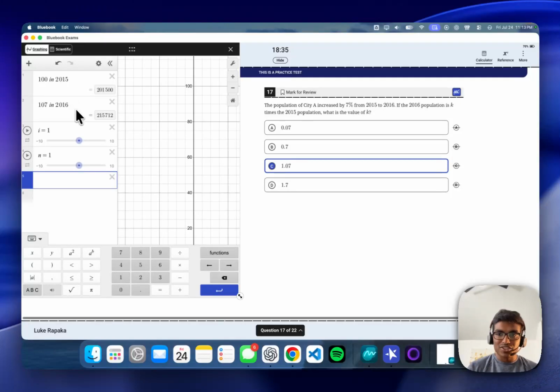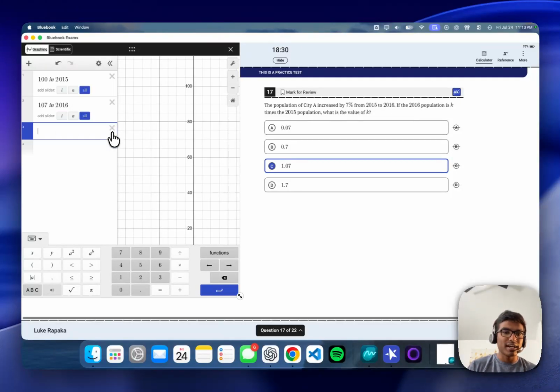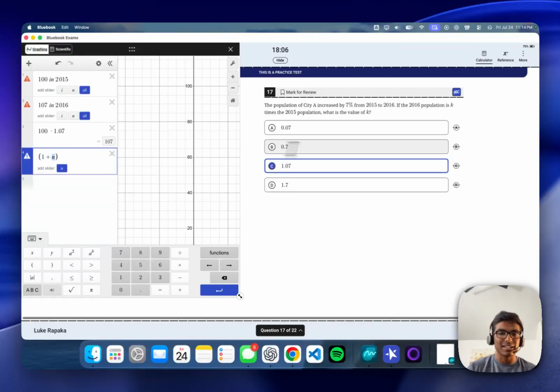The question is asking what times the 2015 number gets this 107, and the answer is 1.07. It's part of that 1 plus n: 1 is the existing amount, and n is the 7% rate, so it would be 1.07.